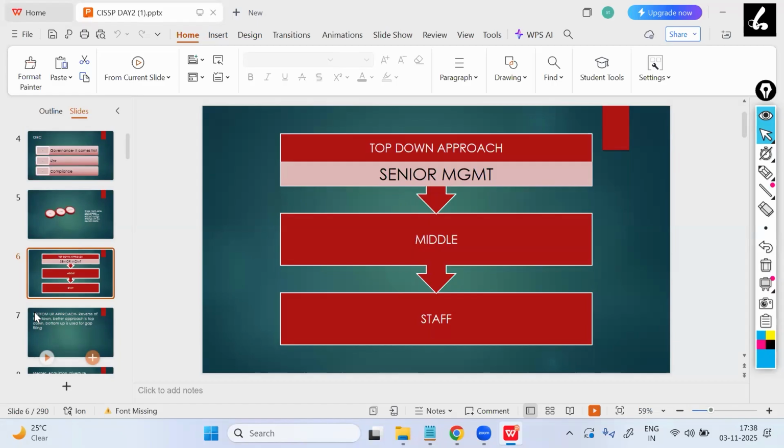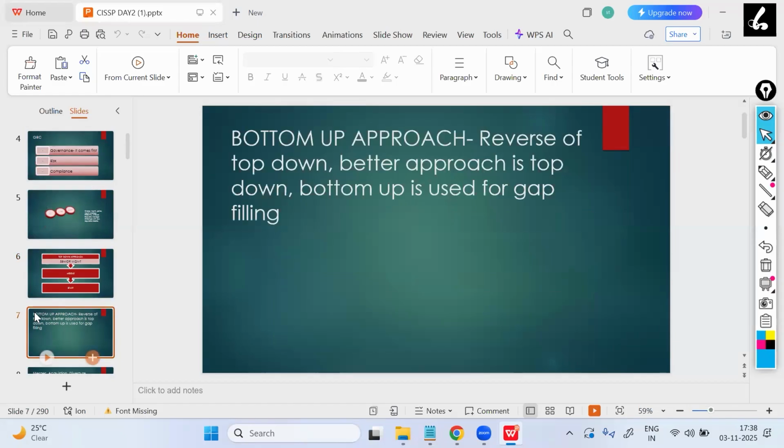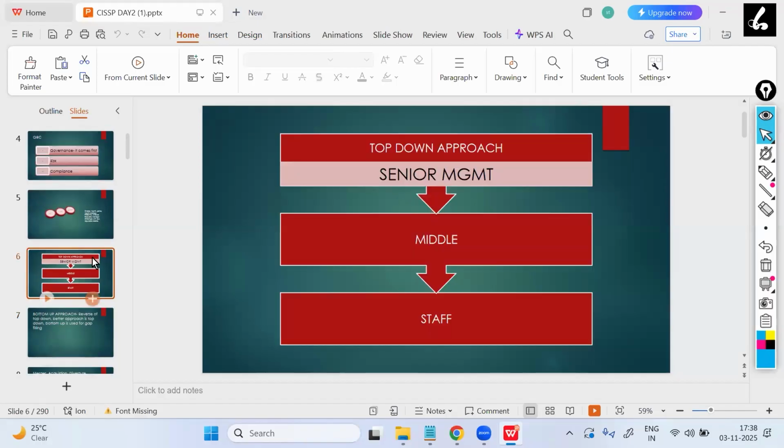Then what is the significance of the bottom-up approach? We'll see that. So top-down approach is where I have the top level management, or we can say senior management, who tells what the policies would be, what my vision and my mission are. Based on that, we'll have middle management who will relay these things to the staff, and they will take care that whatever has been conveyed and decided is happening, that it is going into operations.